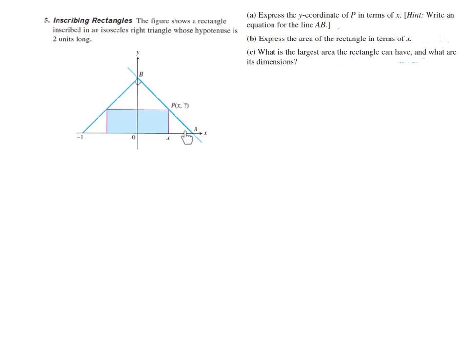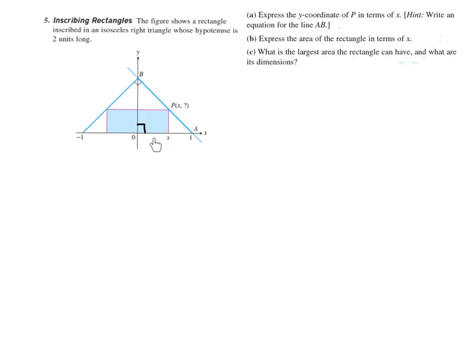It's an isosceles right triangle, so this is 45 degrees right here. This is 45 degrees right here. And because of the 90, the other two have to be 45, and isosceles right. And on top of that, if this is 45, and we have a 90-degree angle right here, we now also know that this angle here is 45.